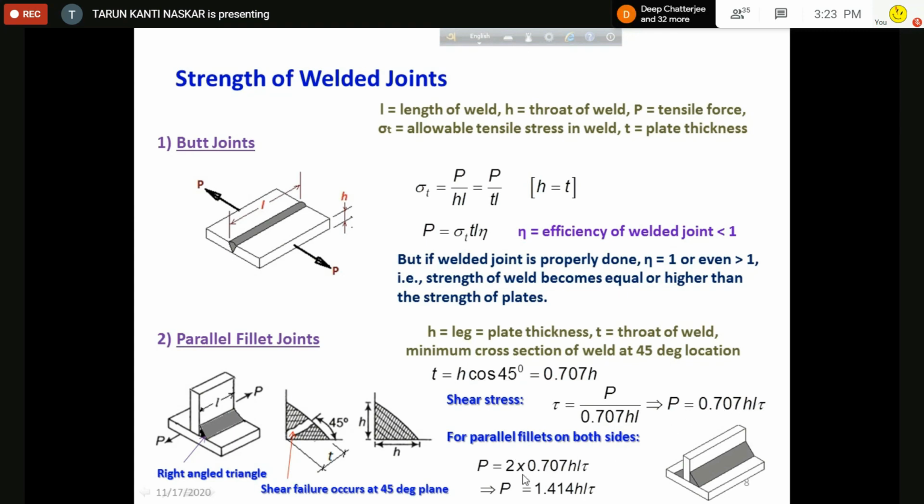For parallel fillet on both sides, P is equal to 1.414 HL tau. Clear? Up to this is clear? Anyone respond? Yes, sir. Okay.